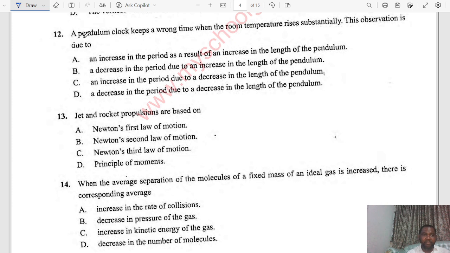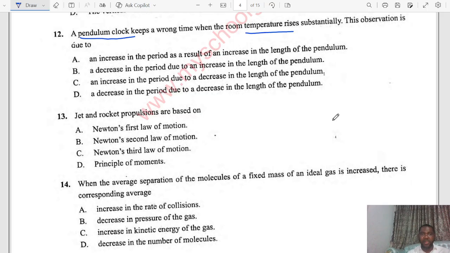So this is a pendulum clock, and when the room temperature increases substantially, something happens. First of all, when the room temperature increases, the length of the pendulum is going to increase because an increase in temperature will increase the length of the pendulum.